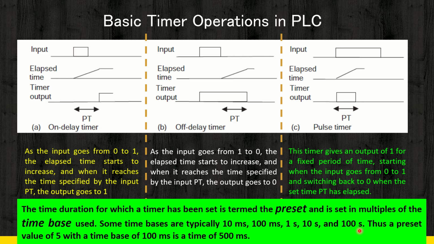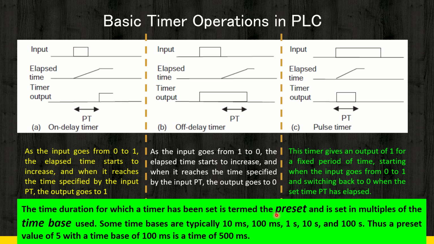However, with the same PLC, if you use the time base of 100 millisecond, you need to give the preset value of 10. Once you give the preset value of 10, your time duration will be 1 second.